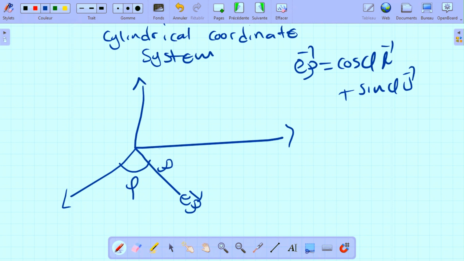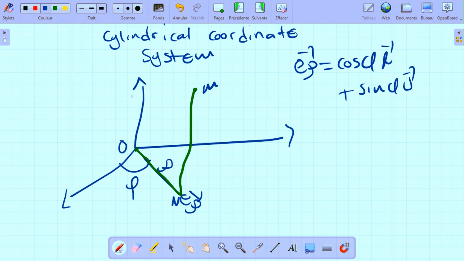Now in the cylindrical coordinate system, we are locating a point in 3D. Let's say that point is here, and we call it point M. Then let me call this point N. With the cylindrical coordinate system, you're going to move from O to N. Then from N, you're going to go upwards to the point M. This should be a straight line, it's just my drawing.